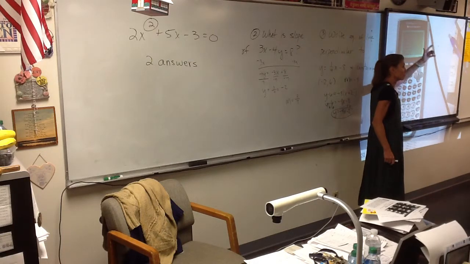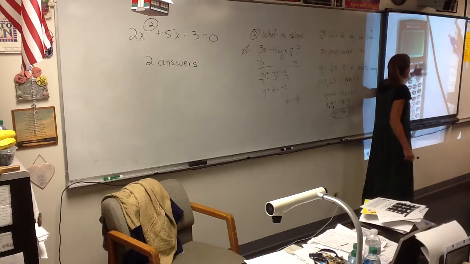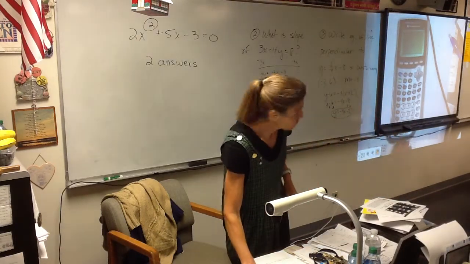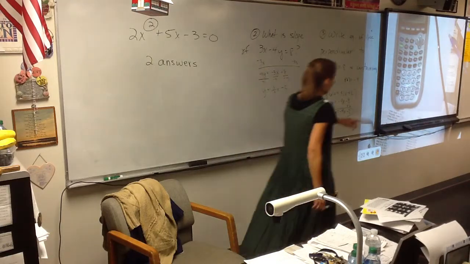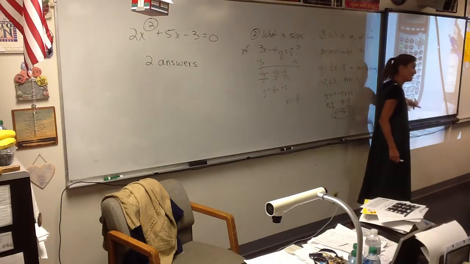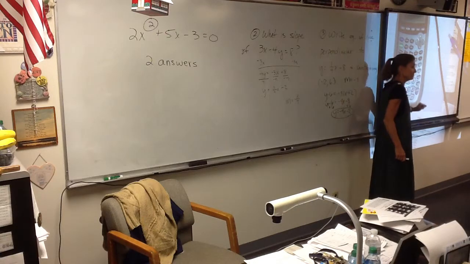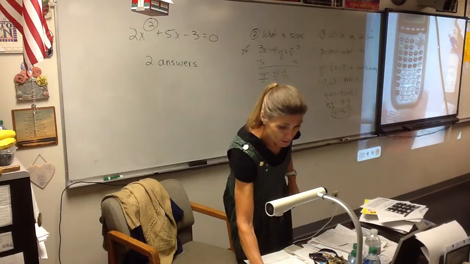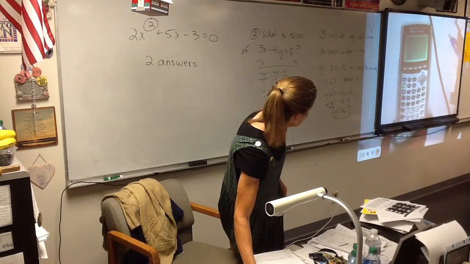That's called the standard window. When you type that in, be very careful that you are using the negative button, that's clear down here, not the minus button. When you put in your -10 on your window, make sure that you're using the negative button.